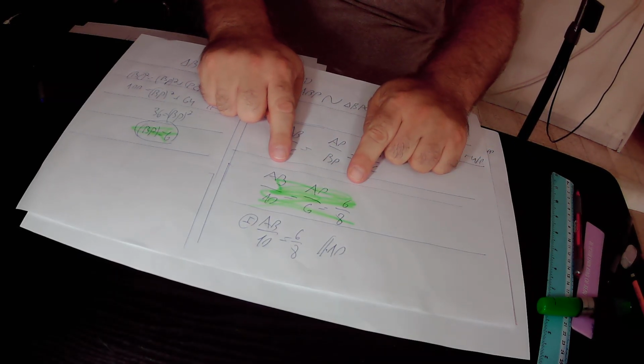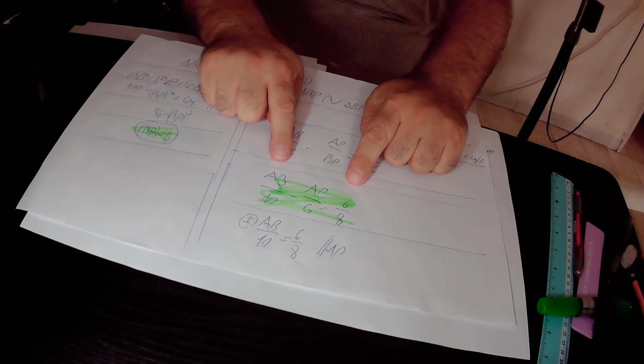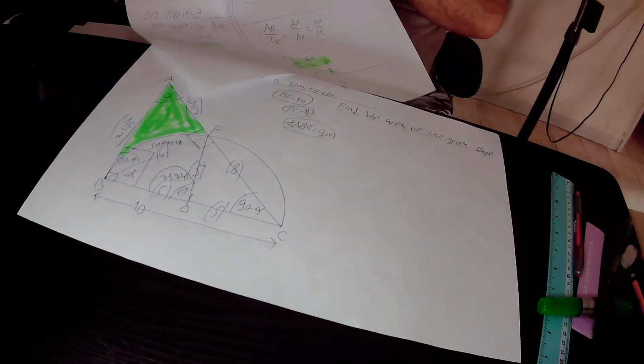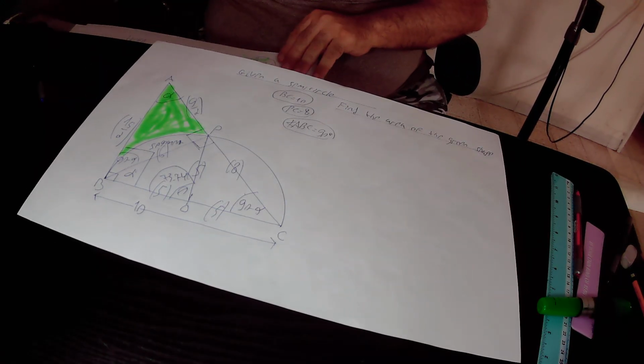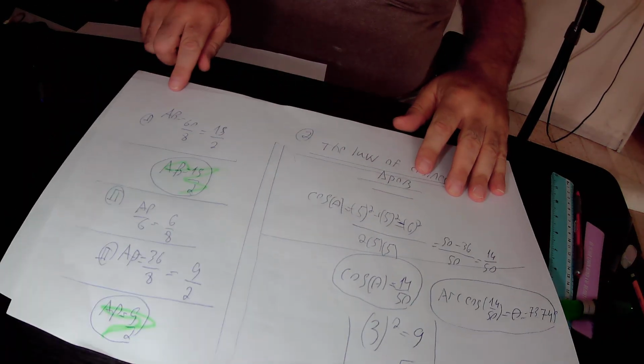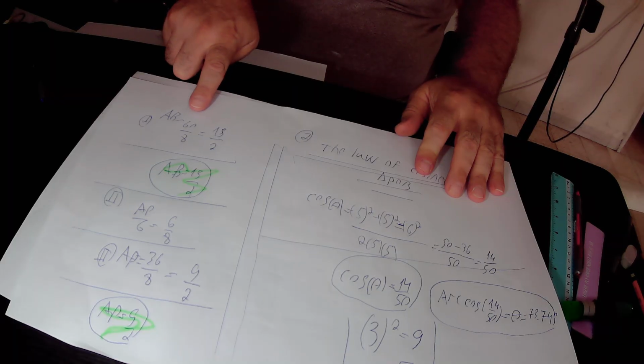Those expressions are equal to each other, so we can get the first equation from those two expressions. According to the first equation, AB over 10 equals 6/8. We multiply this equation by 10 and find that AB equals 10 times 6, that is 60 over 8.